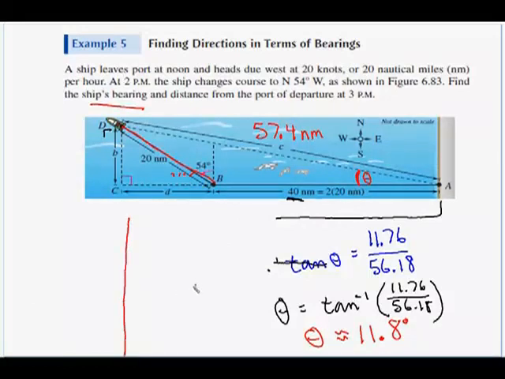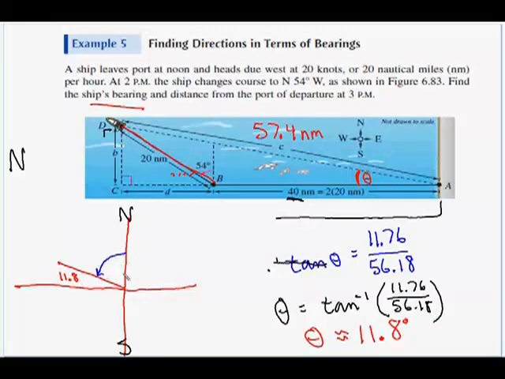So if I set up like a little XY axis here, we know we went off of our east-west line by 11.8 degrees. Remember, these nautical bearings, we first look to the north-south line. We're closer to the north. We're in the first two quadrants, so our bearing is going to start with a north, and then how far off north did we deviate? Well, this far.